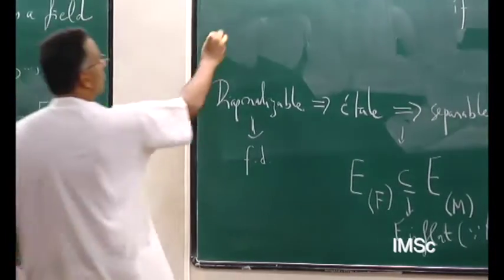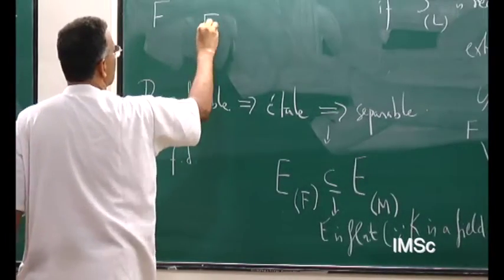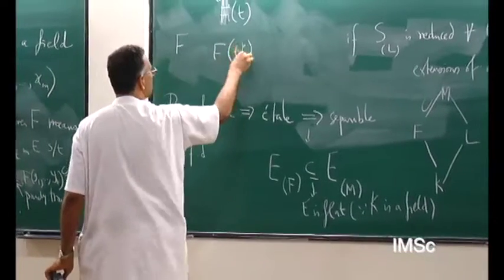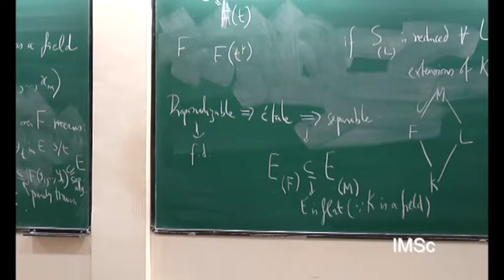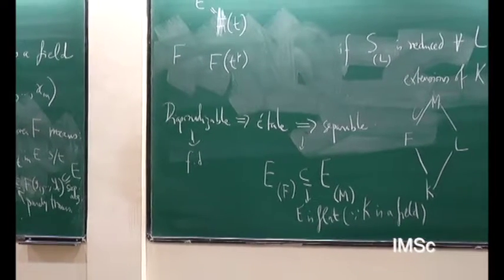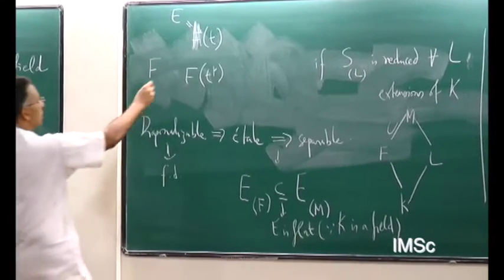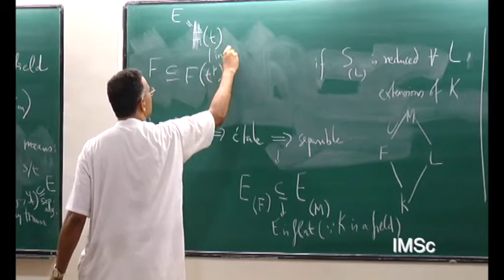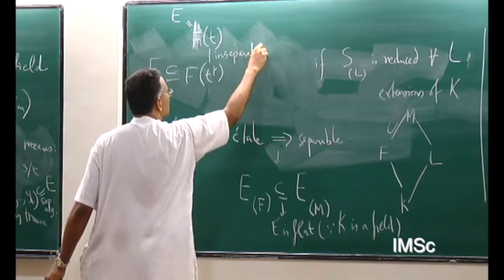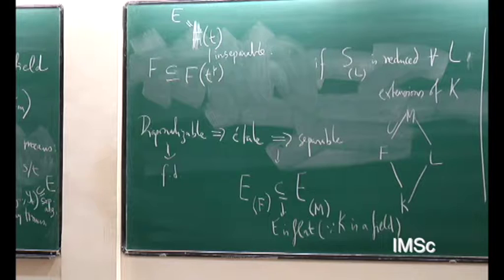Consider F(T) over F(T to the p). That's a purely transcendental extension, but this is inseparable. That's a good example to keep in mind.